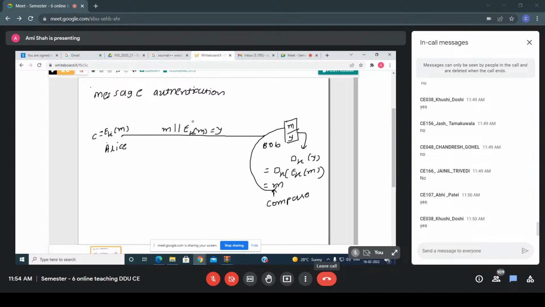Now on Bob's side, how can Bob ensure that the message is coming from Alice? Because both parties agreed on the common key, Bob decrypts it with the help of this key and gets M. Now this message is compared with this message. If both messages are the same, Bob can ensure that the message is coming from Alice, and in this way the authentication is done. Is it clear to you all up to this?